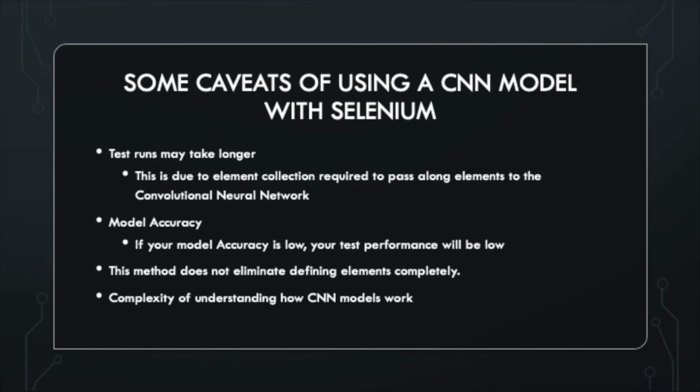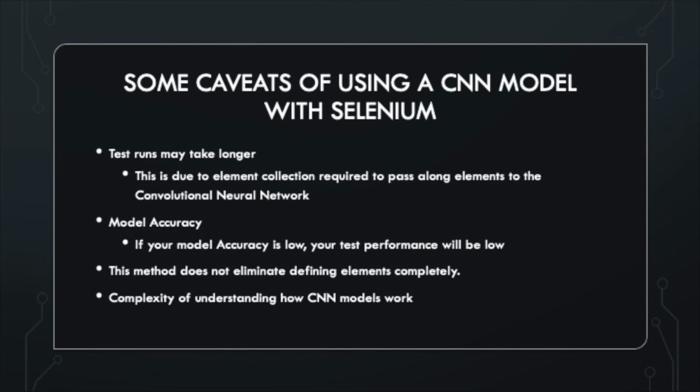During that element collection, each element needs a screenshot taken of it, and this process can take a very long time. On top of that, compatibility across browsers can be affected, as the screenshot capability within Selenium may differ across browsers.